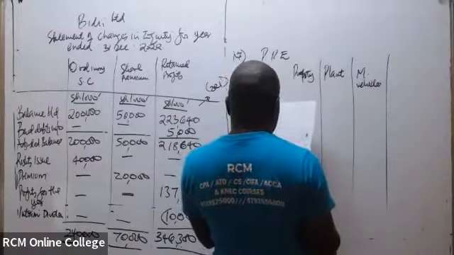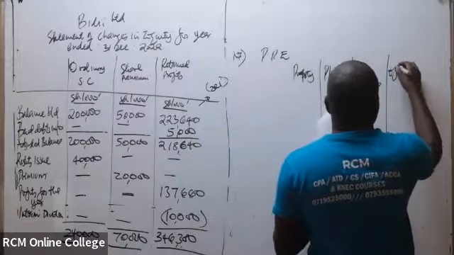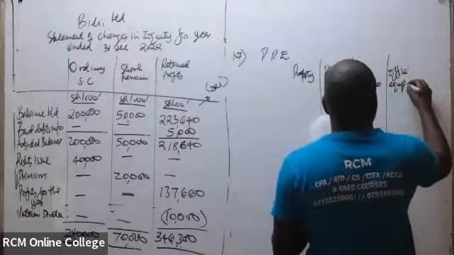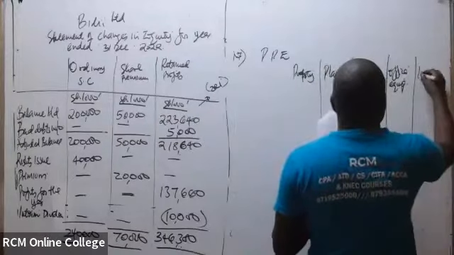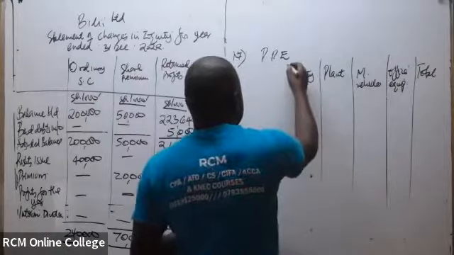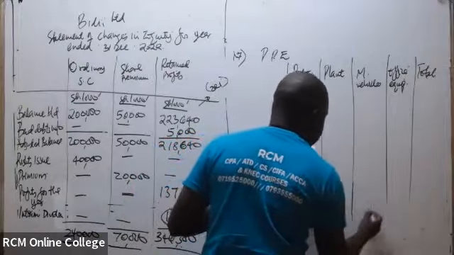Then we have office equipment. Then we must be able to get the total, because we need one figure to take to the statement of financial position.